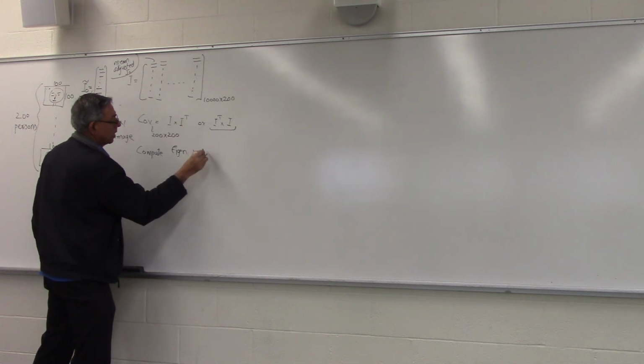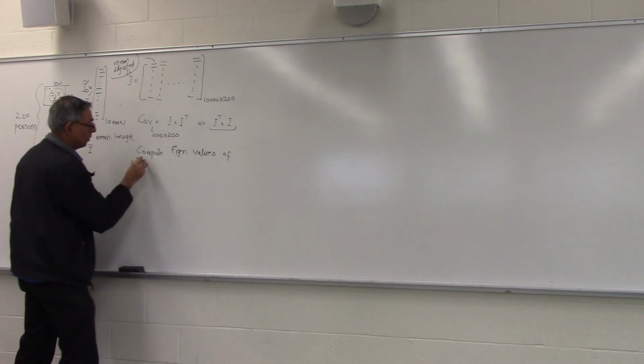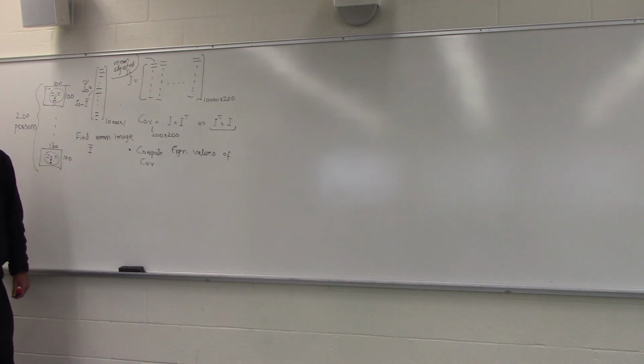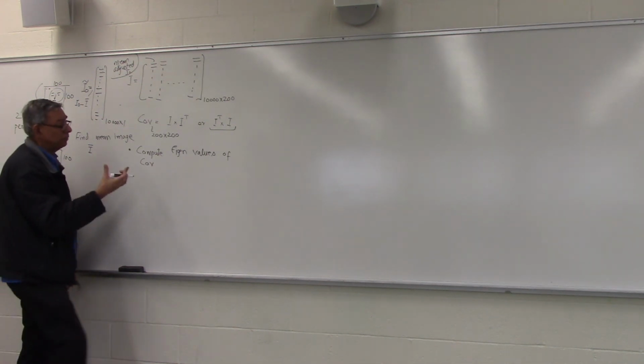And then the next step is to compute eigenvalues of the covariance matrix. If it's a 200 by 200 matrix, as we discussed, we'll get 200 eigenvalues. Corresponding to that, we'll compute eigenvectors.